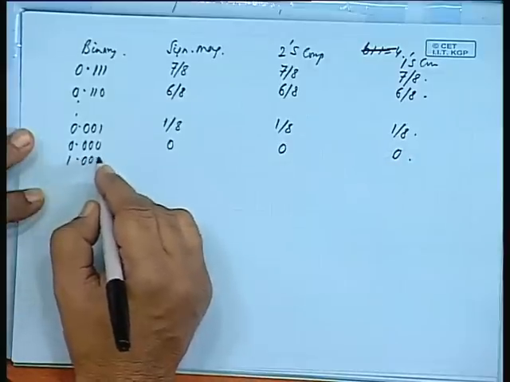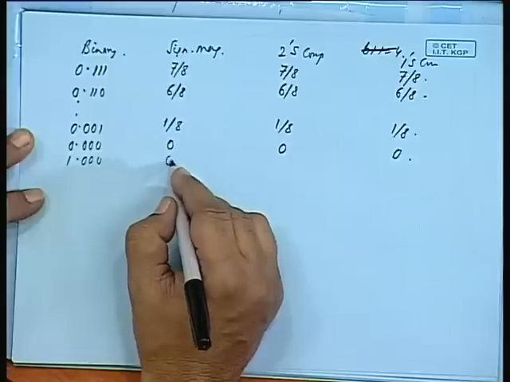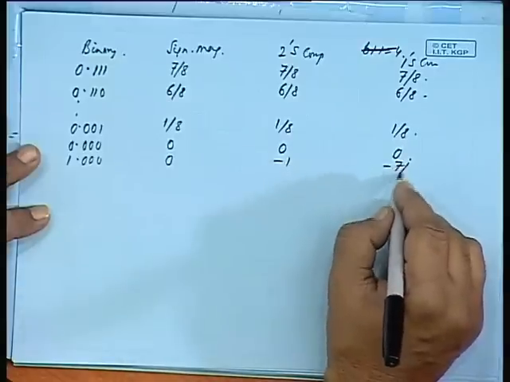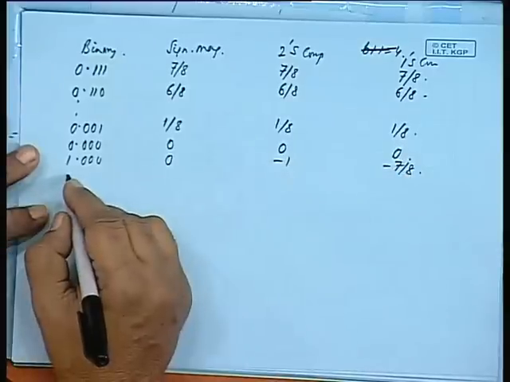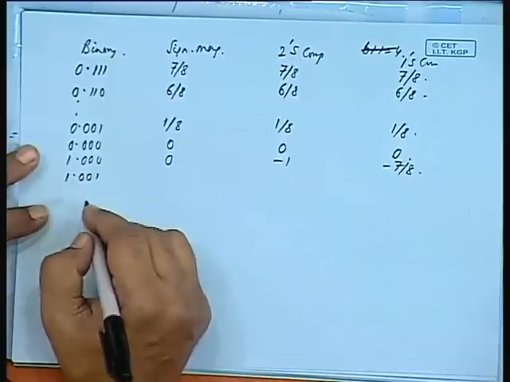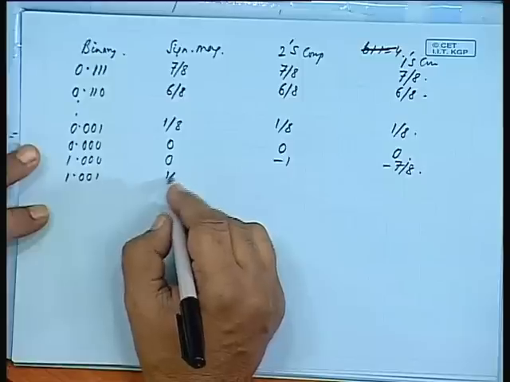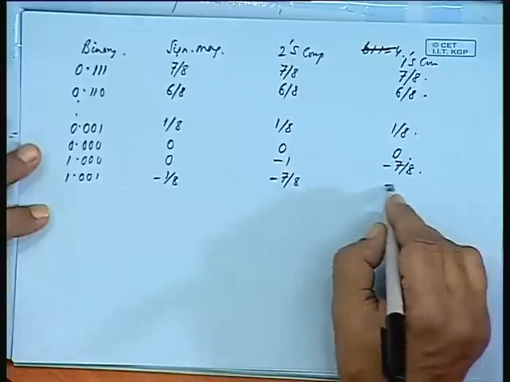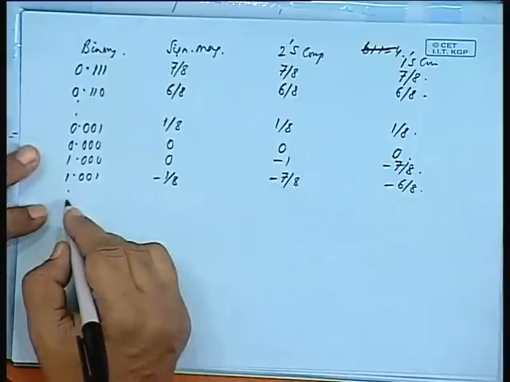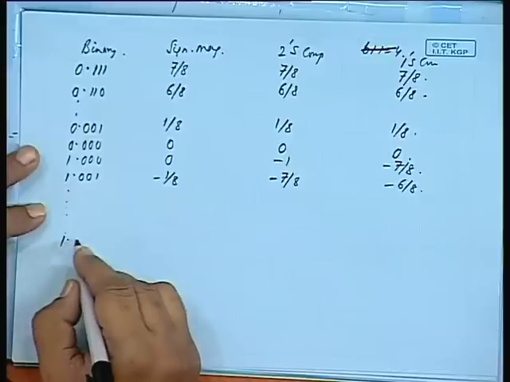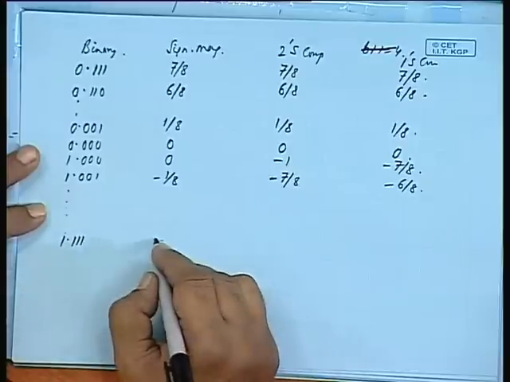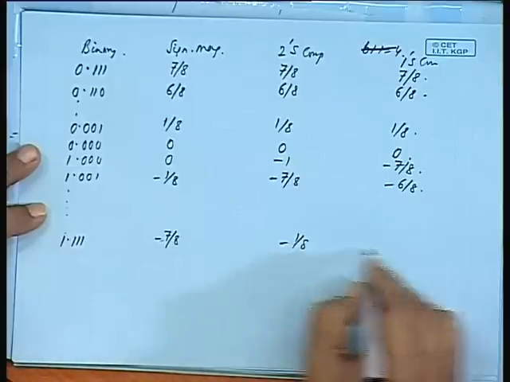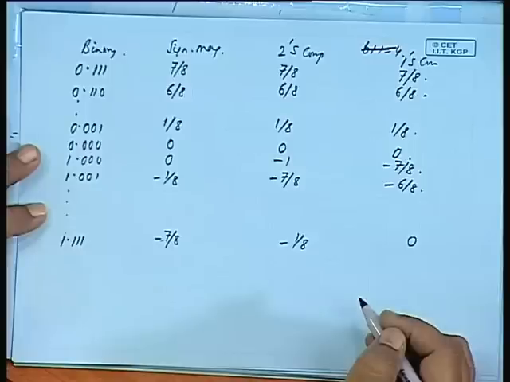Then 1.000 will be 0, minus 1, minus 7 by 8. Okay. 1.001 will be minus 1 by 8, minus 7 by 8, minus 6 by 8. And lastly, if you continue like this, 1.111, which will be minus 7 by 8, minus 1 by 8 and 0.